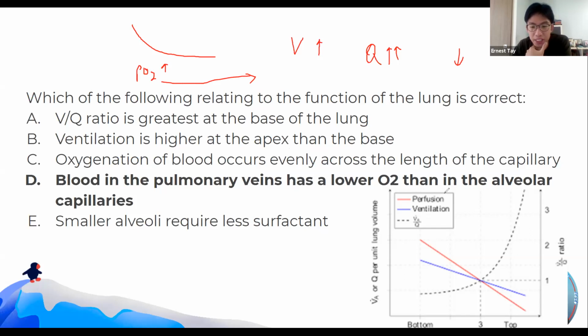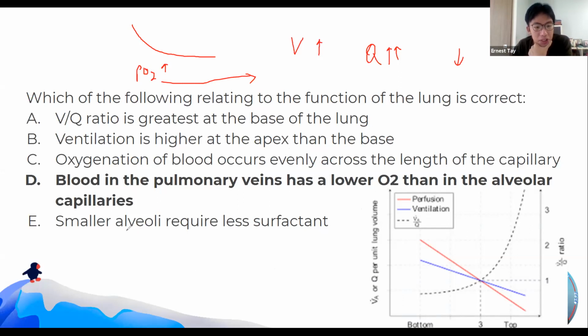Blood in the pulmonary veins has a lower O2 than in the alveolar capillaries. That is true because in the capillaries towards the veins, the oxygen actually still diffuses out into the surrounding tissues. So blood is indeed lower, albeit by a little bit.